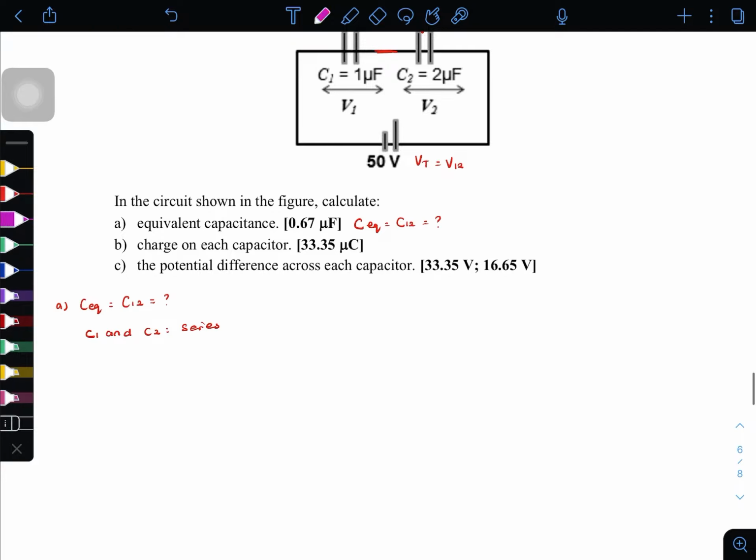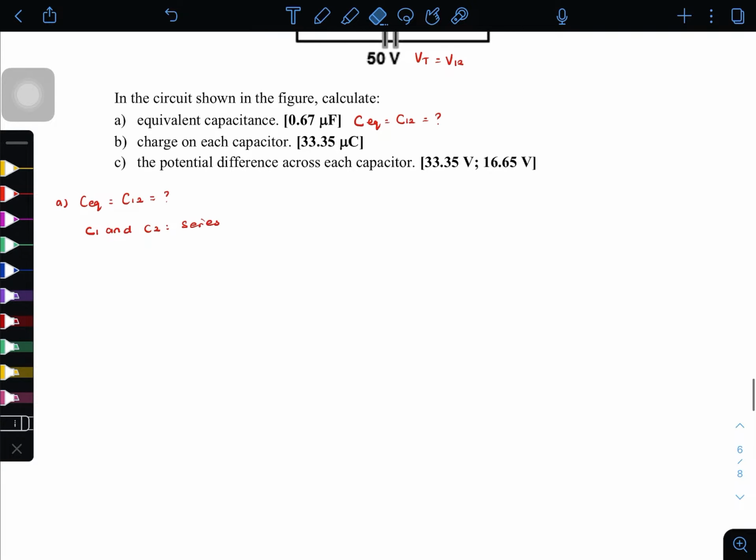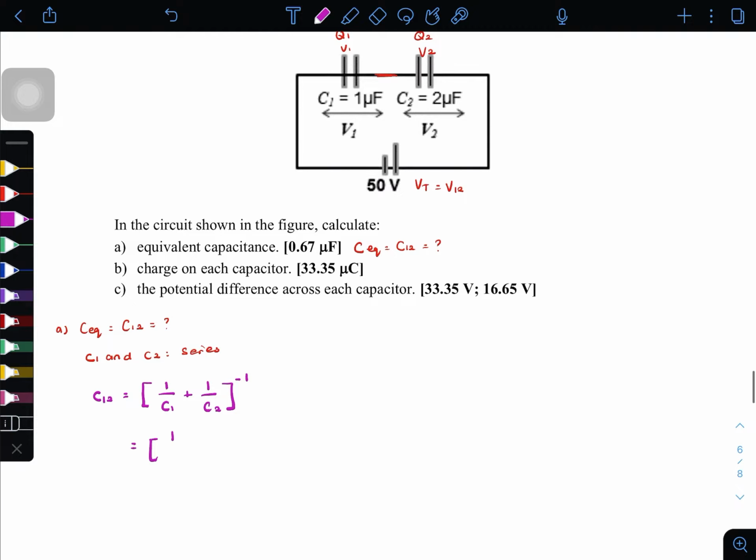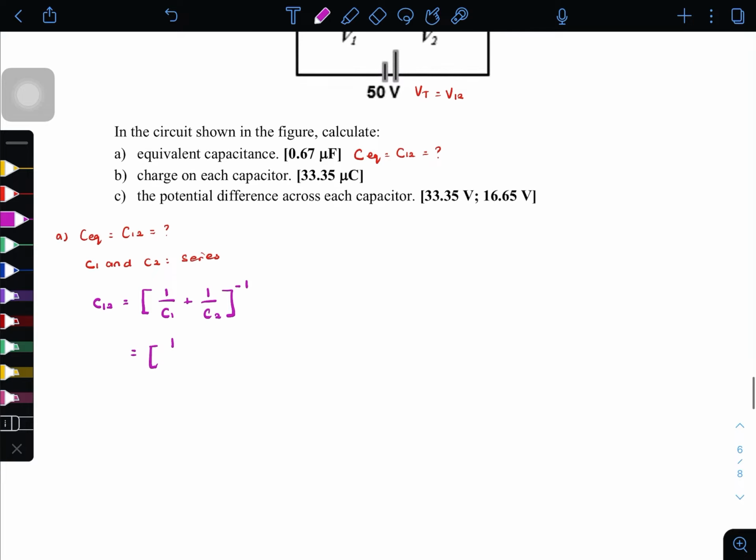Okay, kalau dalam series kita tahu C nya ialah 1 over C1. Series ialah C12 equals to 1 over C1 plus 1 over C2 to the power of negative 1.